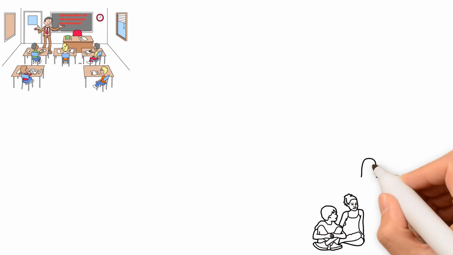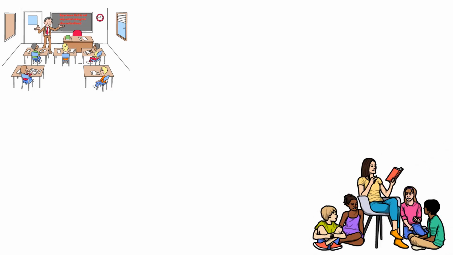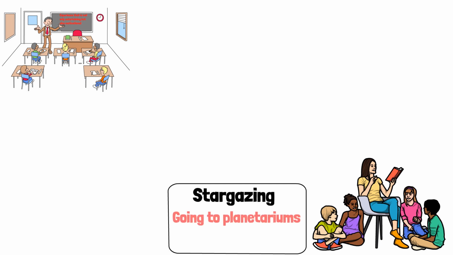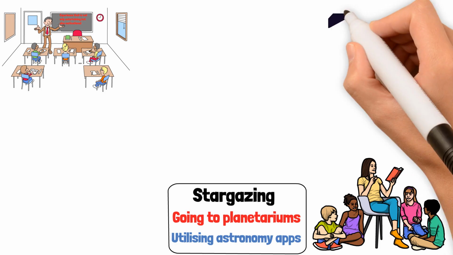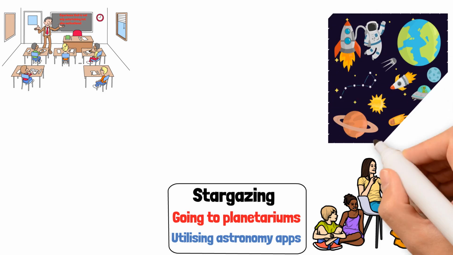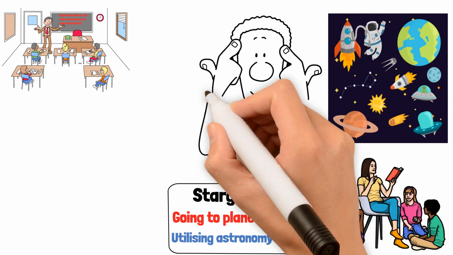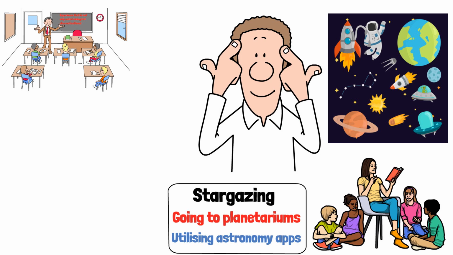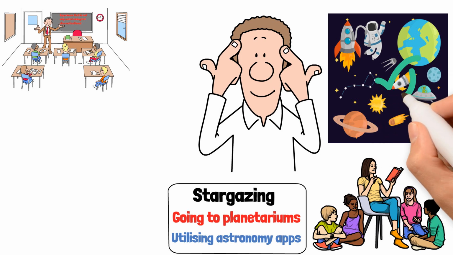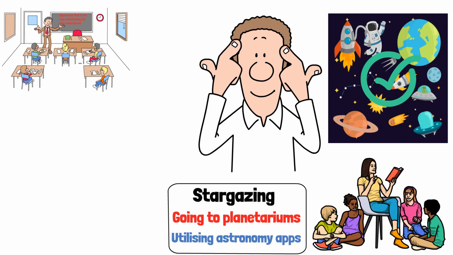This is especially true when it comes to children from younger generations. Activities such as stargazing, going to planetariums, and utilizing astronomy apps have the potential to transform the experience of learning about space into something that is not only more thrilling, but also more engaging.